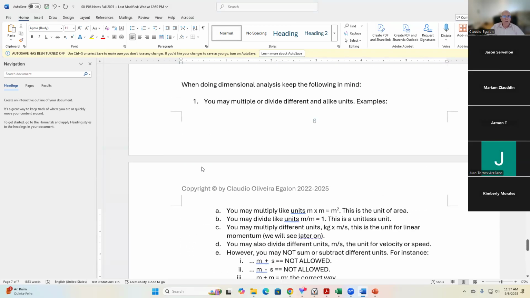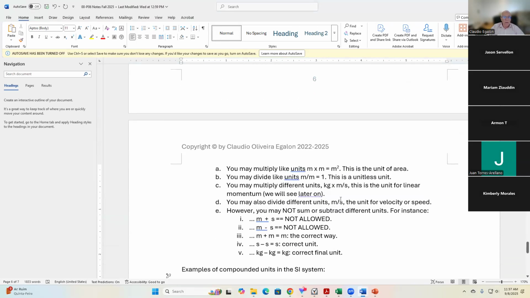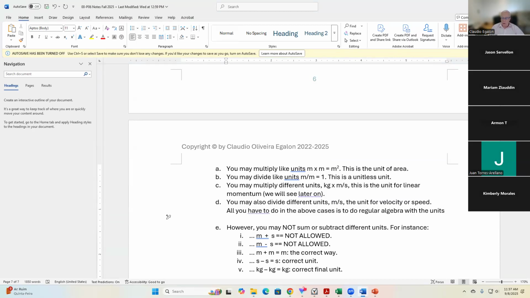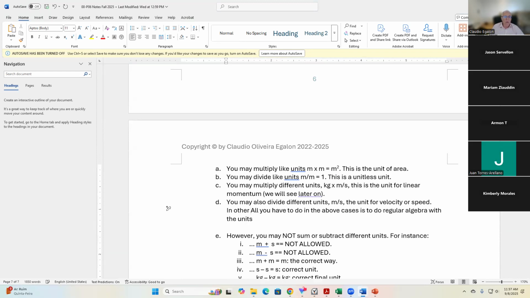All you have to do in the above cases is regular algebra with the units, right?